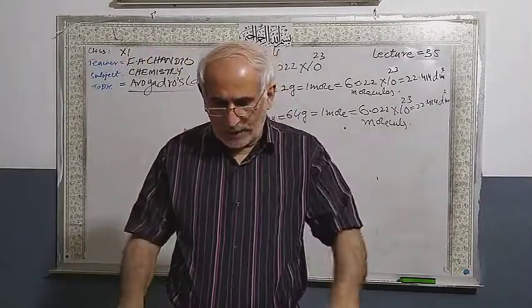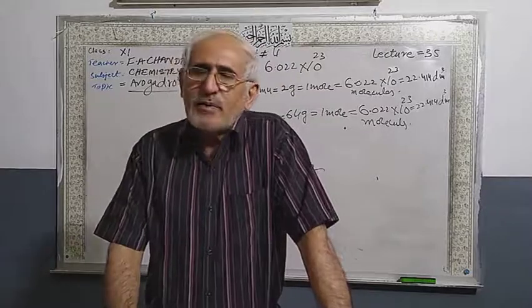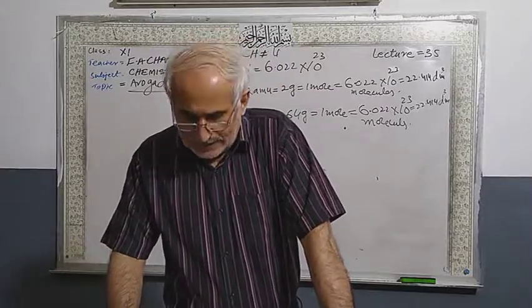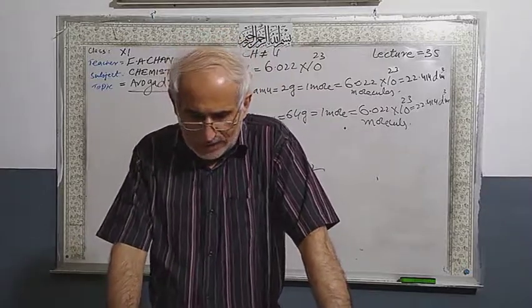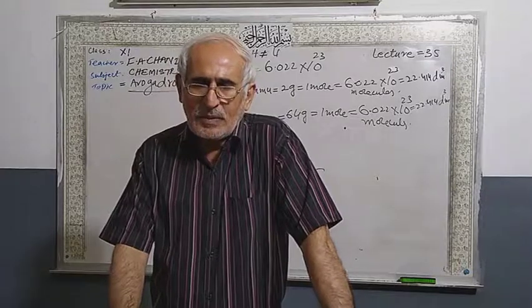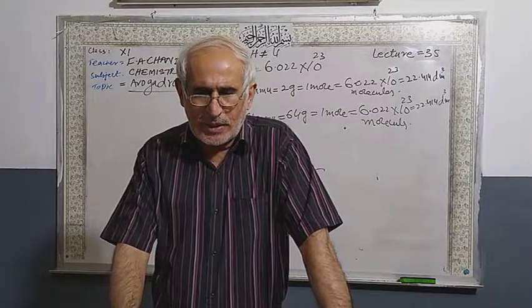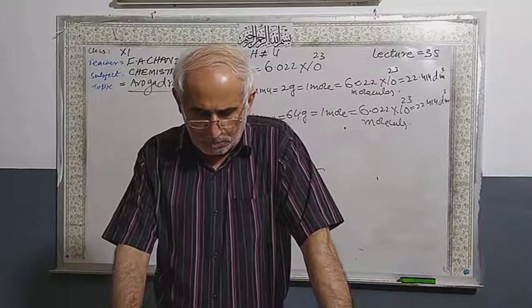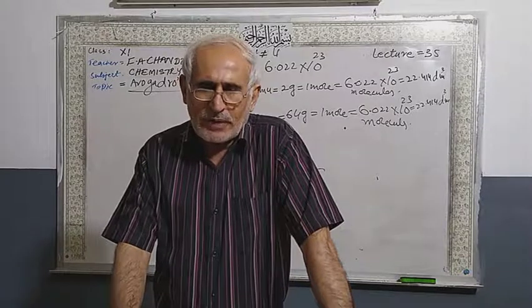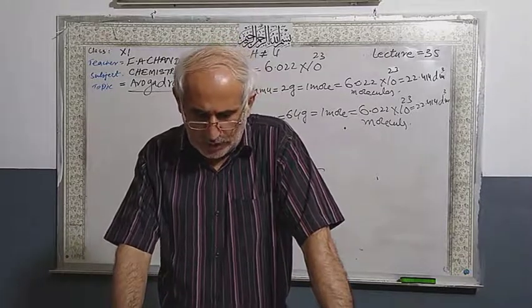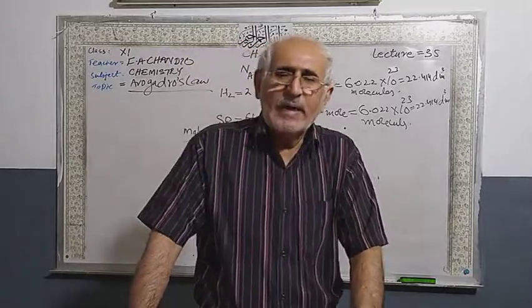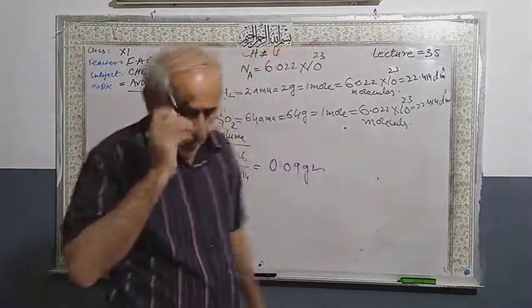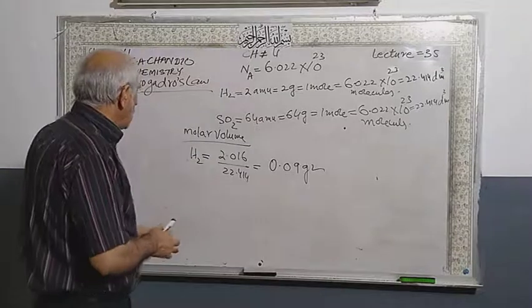So it has been calculated that if you have a 1 decimeter cube volume of hydrogen gas, the mass at STP, standard temperature and pressure, is 0.09 grams. This is the molar volume.